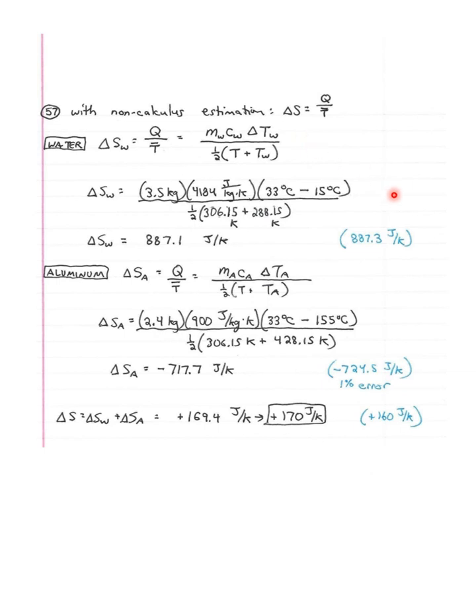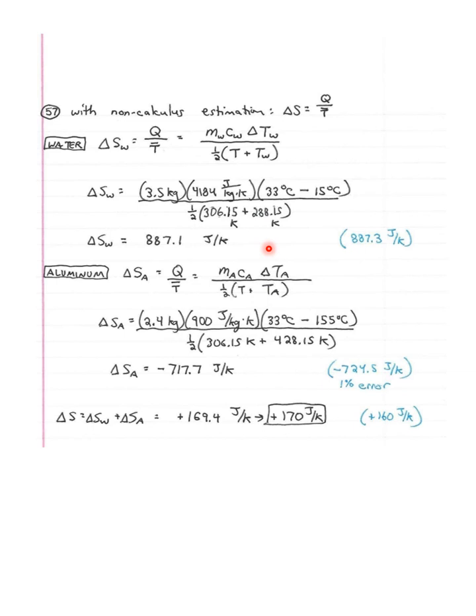So I'll plug all those in, where delta T_W is the 33 degrees Celsius minus 15 degrees Celsius. And there I've got the equilibrium temperature and the initial temperature, and those have to be in Kelvin for this to work. And we get a change in entropy for the water of 887.1 joules per Kelvin.